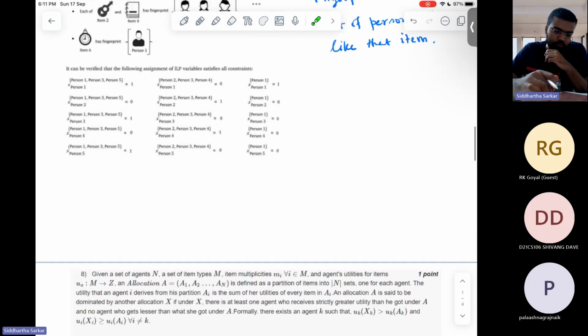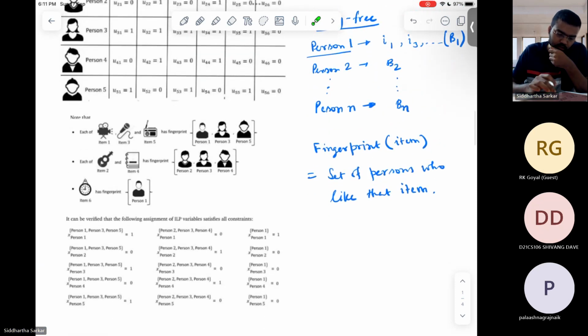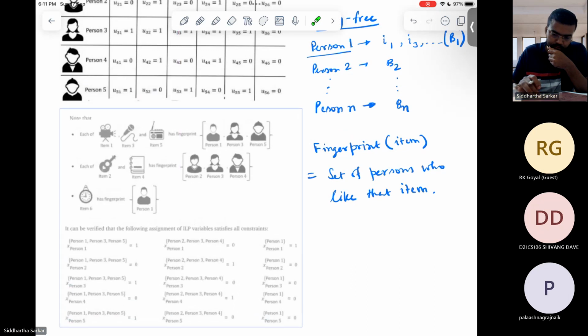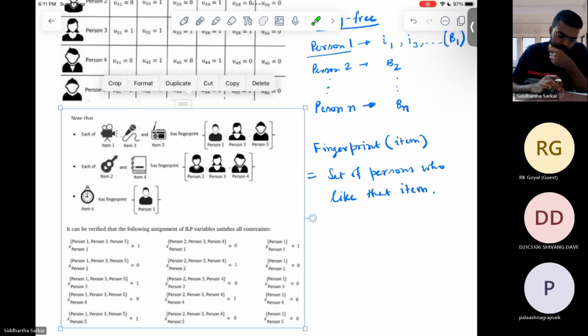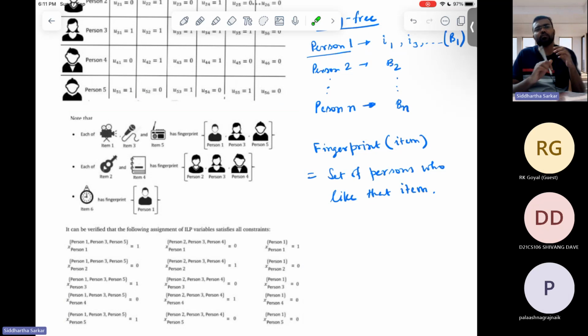The ILP formulation we'll see later. So now we'll look at some variables. Let's make it slightly larger. In the previous class on Friday, day before yesterday, we have seen the integer linear programming formulation for the vertex cover problem.